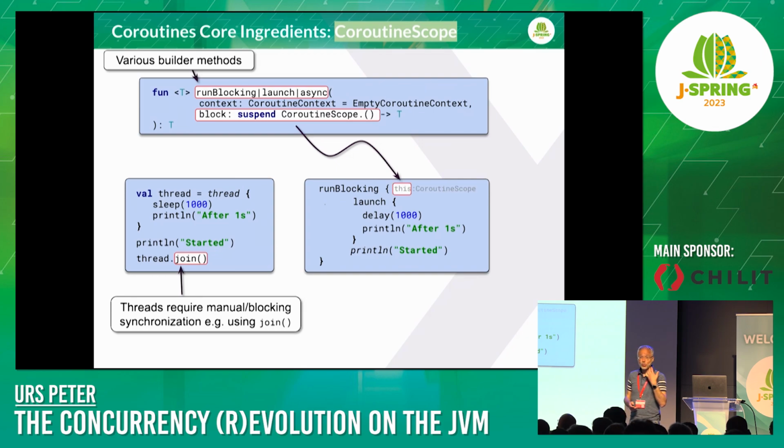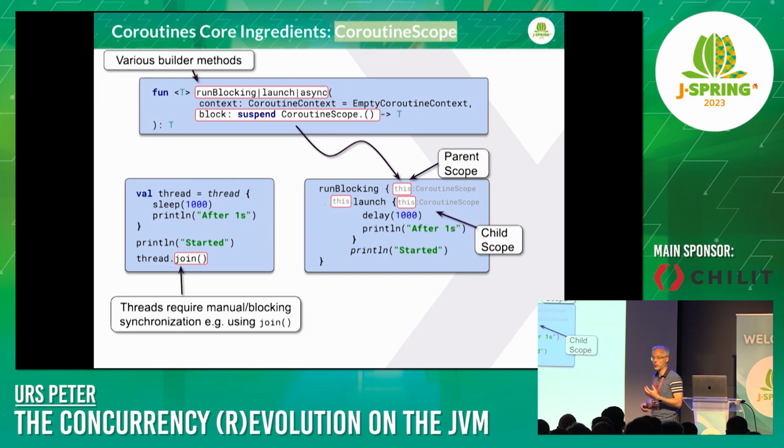And here actually this Coroutine Scope comes in. So scopes work as such that this actual run blocking gives me this Coroutine Scope implicitly available. That's a feature only Kotlin has, Java doesn't have it. From there, I can then launch a coroutine, and here I get another scope, which is a child scope. So what do these scopes do?